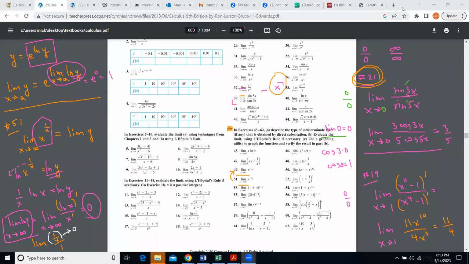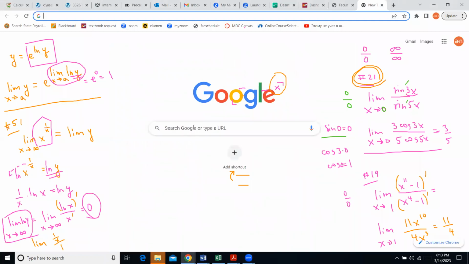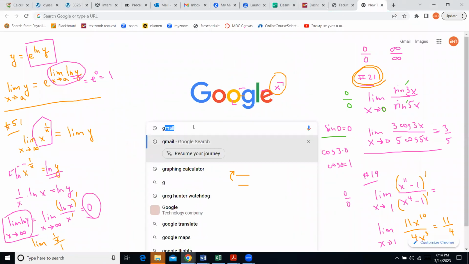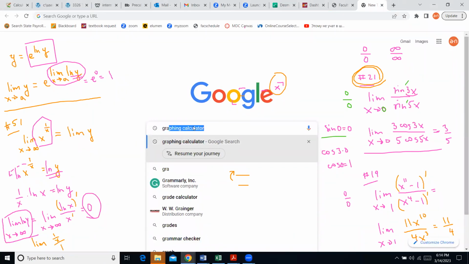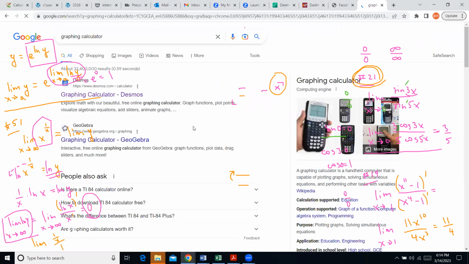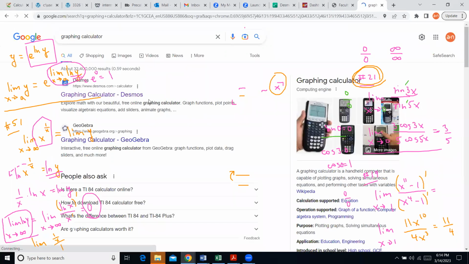You could verify it by taking the graphing calculator. There's a free graphing calculator that you can find on Google. Just type graphing calculator, and this one is not free. This one is probably over $100. But the one on the left, the Desmos, is totally free.